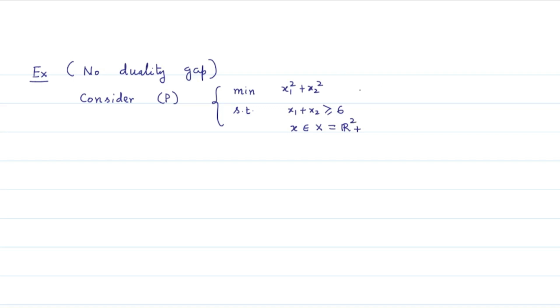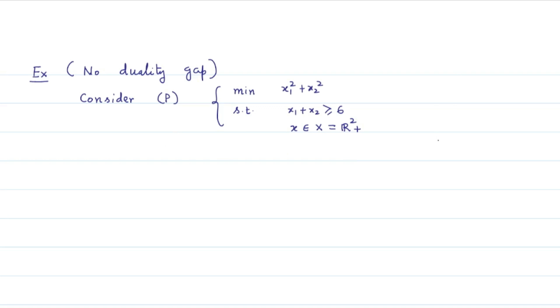For this problem, you can easily figure out the optimum solution. Just geometrically draw out the feasible region, and you will find that the optimum solution is attained at the point (3, 3), and hence the minimum value of this objective function in the constraint set is equal to 18.